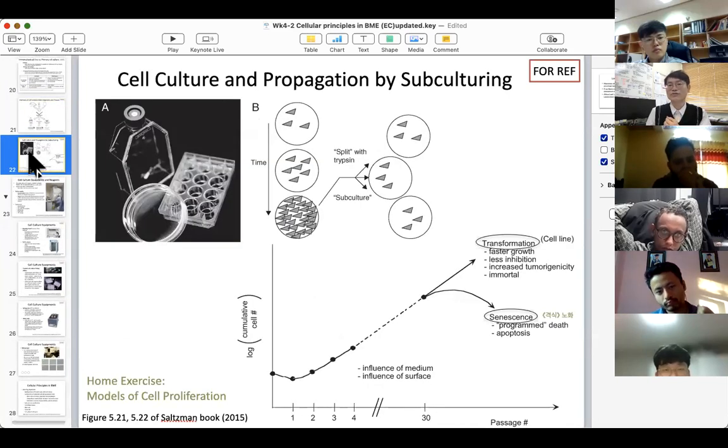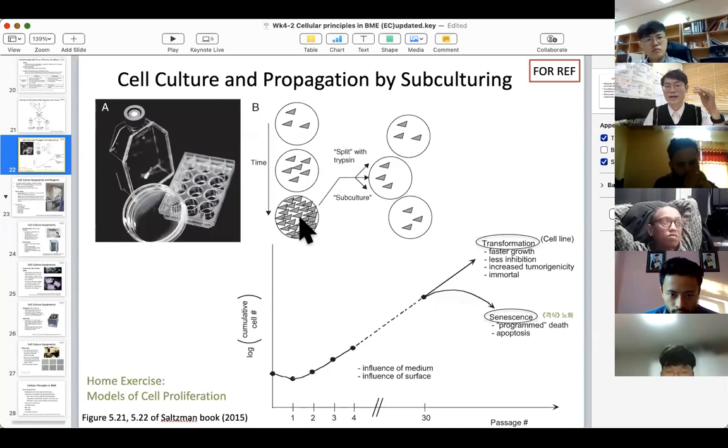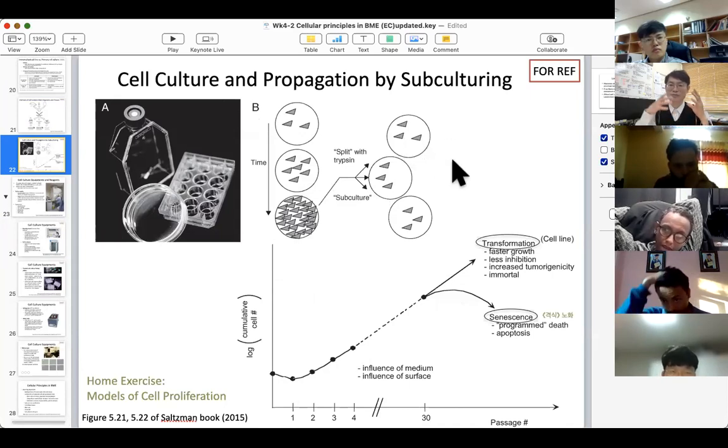And for those who do this cell culture, you see the cells will exponentially grow, because I put the log number of the cells. When you grow the cells and they become confluent, you subculture them and then regrow. So this is how you propagate and subculture the cells.